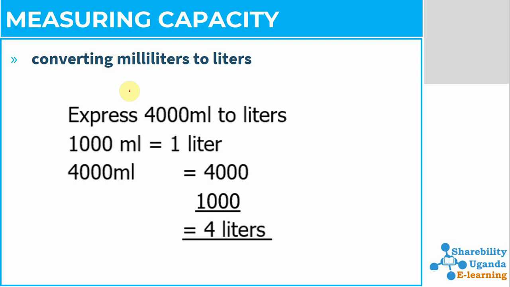Then we shall not forget our concept which says that 1,000 milliliters is equal to 1 liter. So this concept is very important when you are changing milliliters to liters and also liters to milliliters.